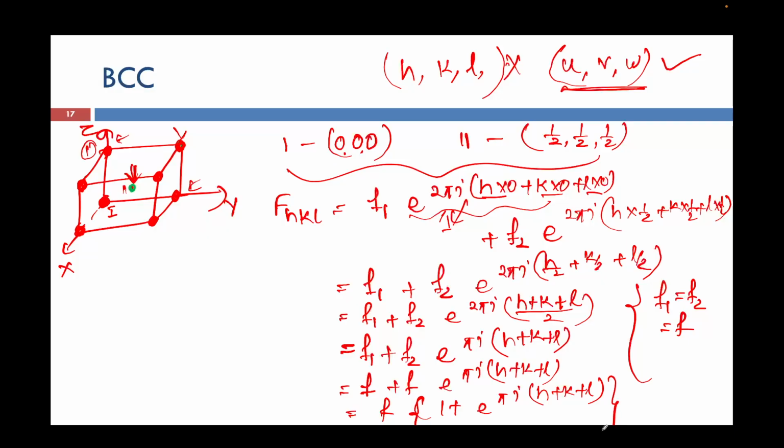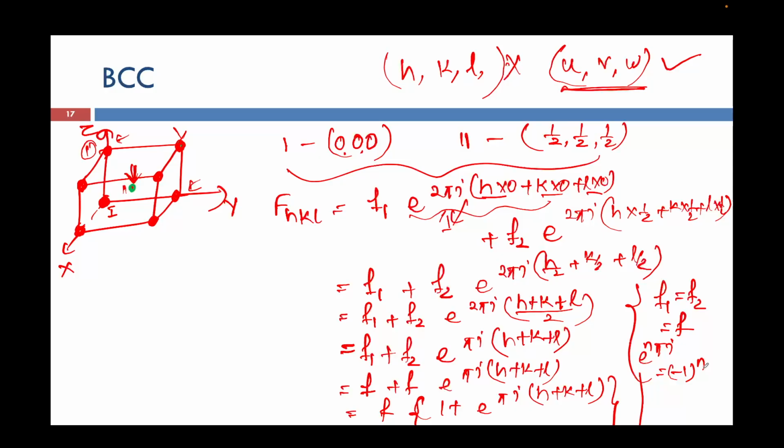So here I have to go to mathematics to solve this equation. Why? I know that if I have e to the power n pi I, then the value will be minus 1 to the power n, right?